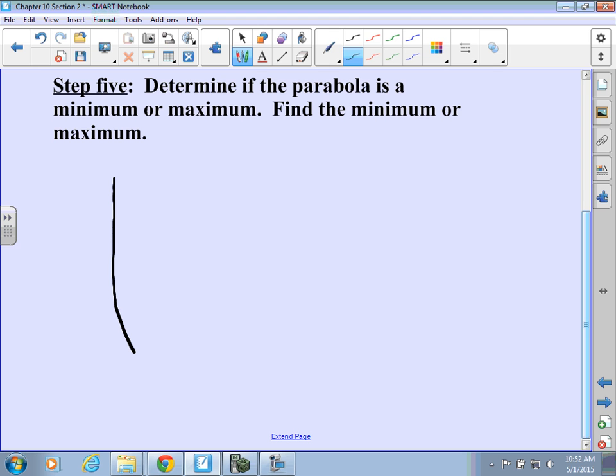Can Mark get any lower? He can't, no, he can't get any lower because he's on stone. He can't dig. So you can't get any lower. This is called a minimum.